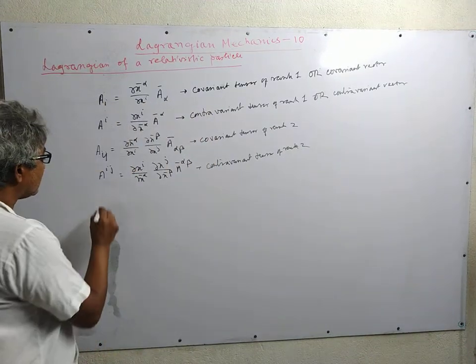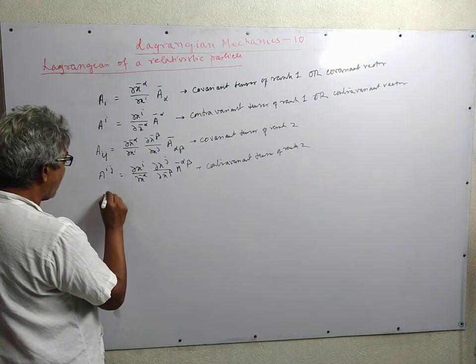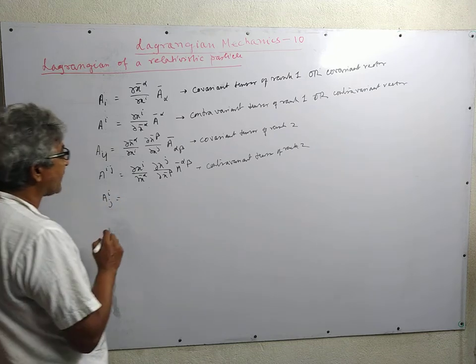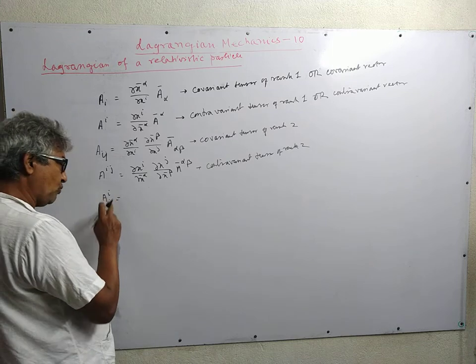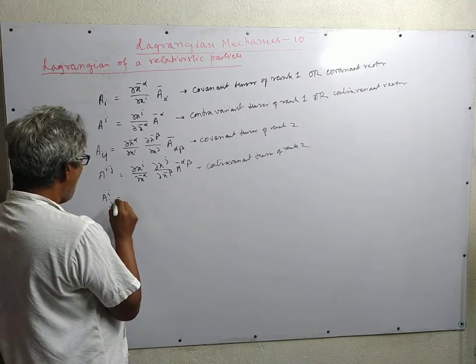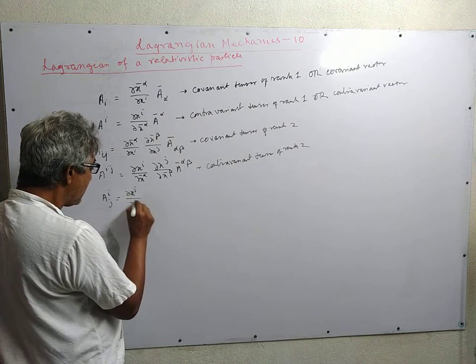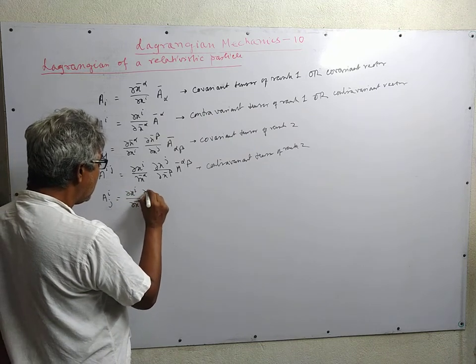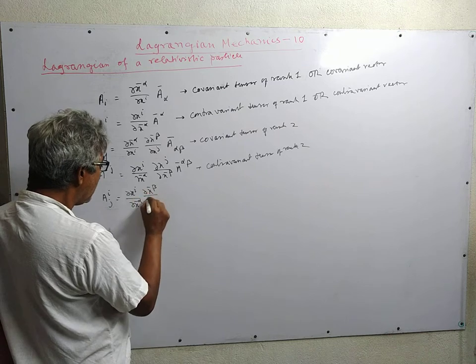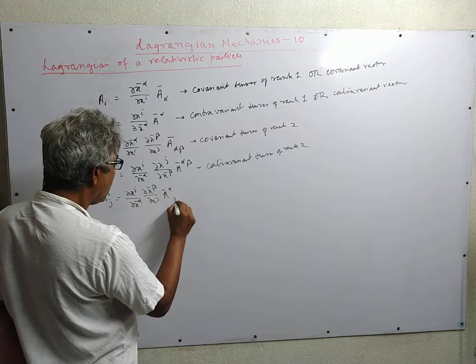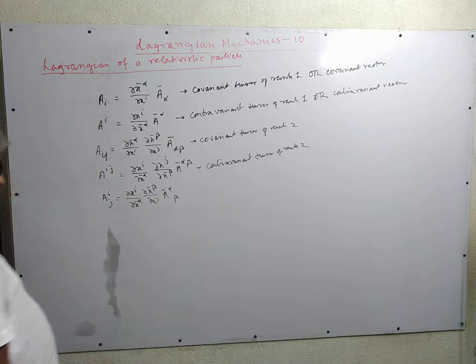And a mixed tensor of rank 2 is defined as this. This is a mixed tensor of rank 2, whose covariant rank is 1 and contravariant rank is also 1.